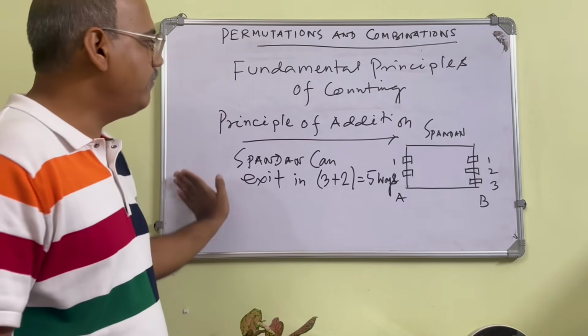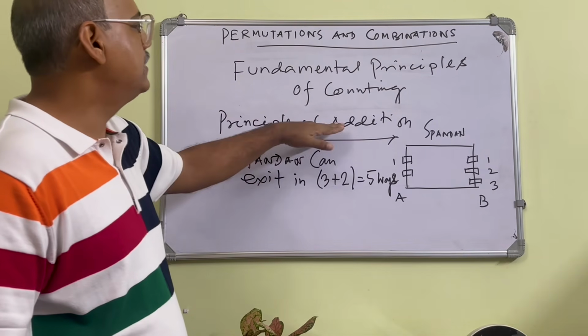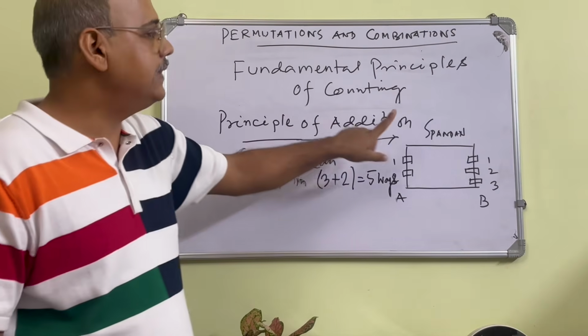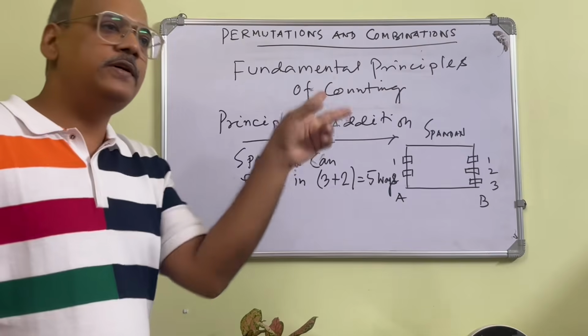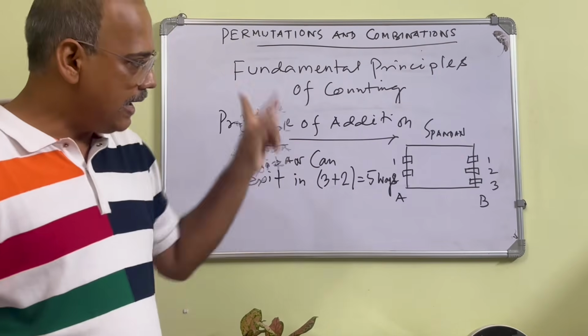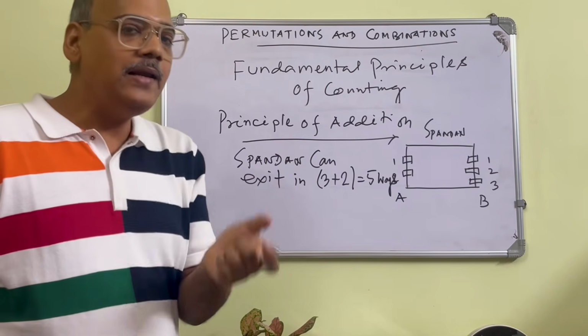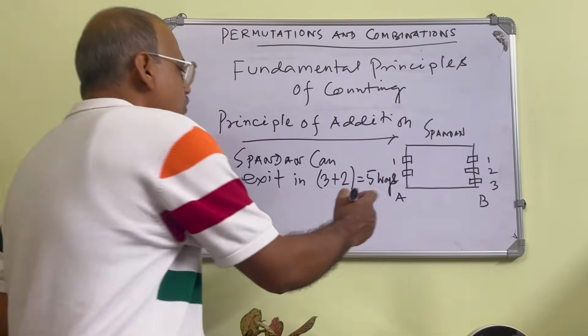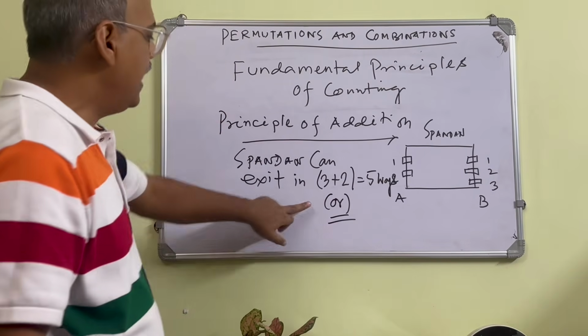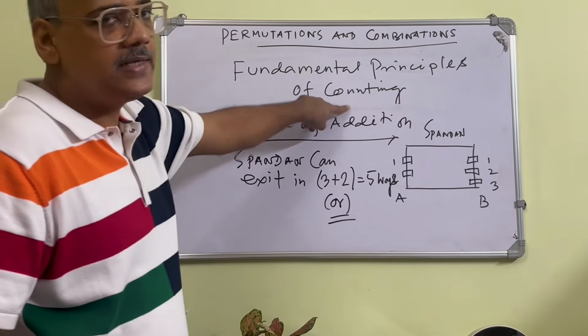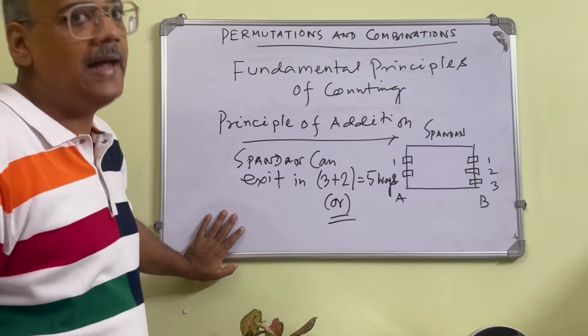Likewise, I'll explain when I come to the principle of multiplication. There, instead of mutually exclusive, those 2 events have to be independent and there should be an AND conjunction. So take a note. It should be an OR conjunction here, and for multiplication that would be an AND conjunction.